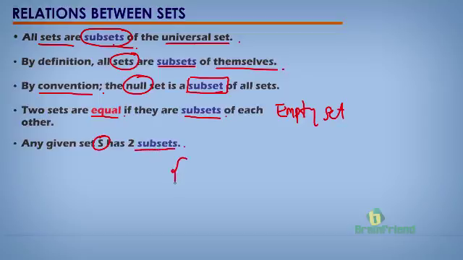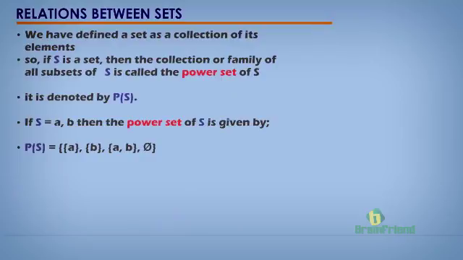It has an empty set, which is a null set. We said by convention the null set is a subset of all sets. And by definition also, all sets are subsets of themselves. So the second set here is the set of itself, which is S. Let's go on.